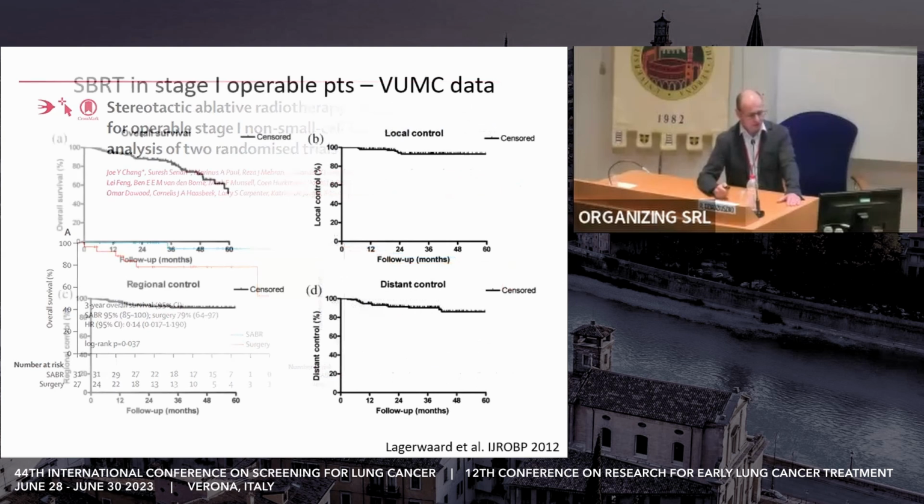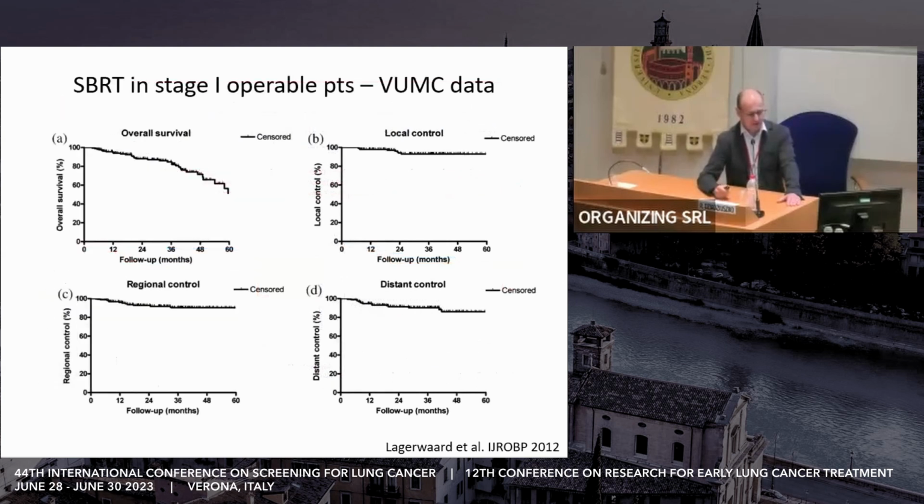And then we also have other data which are mostly retrospective and propensity score matched. As for example, this series from the Free University of Amsterdam, again in operable patients, this time with excellent local control, regional control, and very good overall survival in this patient group.